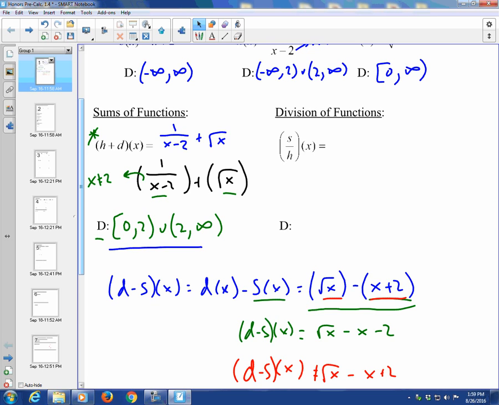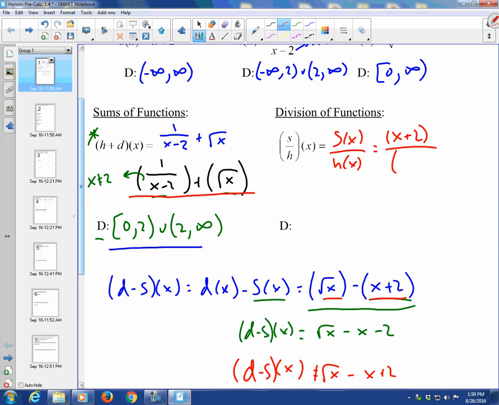But remember, when we're defining the domain for our combination of functions, we always want to evaluate the domain from the instant we bring those two functions together. So right here, just looking at this, we've got s divided by h of x, and that of course means the equation s of x divided by the equation h of x, which would give us x plus 2 divided by 1 over x minus 2.